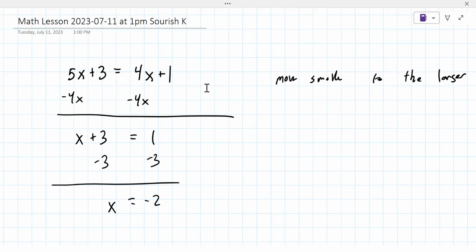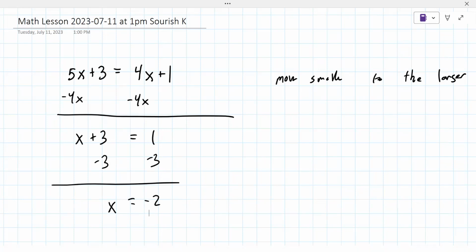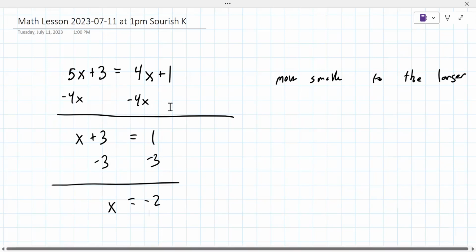Okay, so you ready to do another one? You have this down in your notes? Okay, so 5x plus 3 equals 4x plus 1. I already got these examples in my notes. Hold on, let me check my notes for a minute.